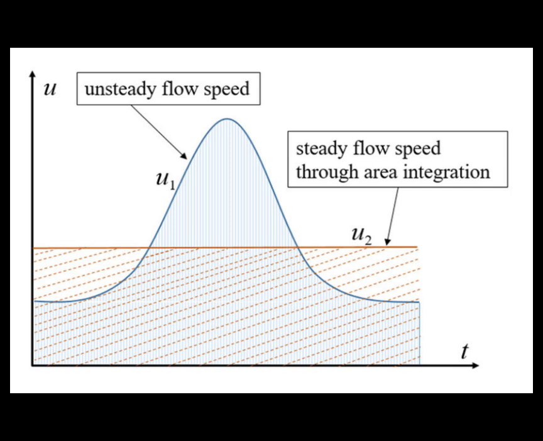Using Bernoulli's equation, P1 plus half rho V1 squared is equal to P2 plus half rho V2 squared. Both equations together provide a comprehensive understanding of fluid behavior in steady flow.